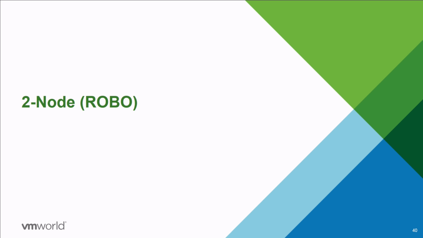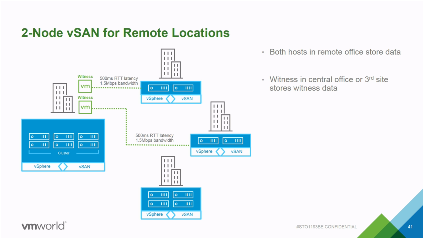Two-node ROBO is a bit of a different view of how to use vSAN. But if you look at the capability of what you require for the ROBO setup, it's really to the witness. It's basically just half a second in latency, the round trip time.